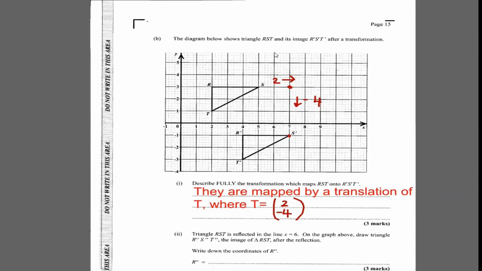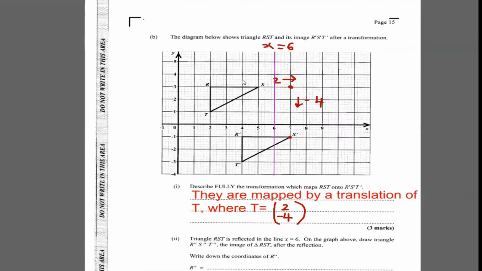So this is the line x equals 6. Here it is, this is where x is 6. And then you're going to reflect. Let me get rid of the translation now.